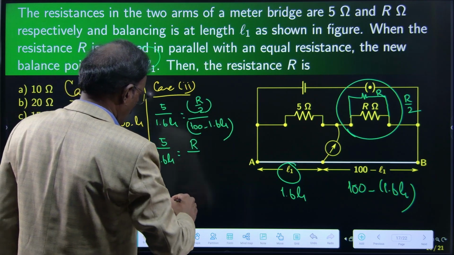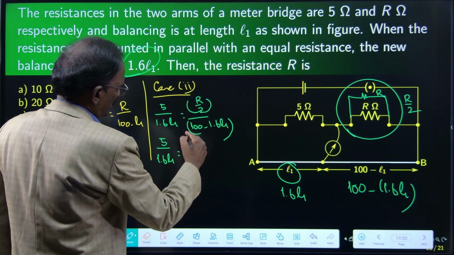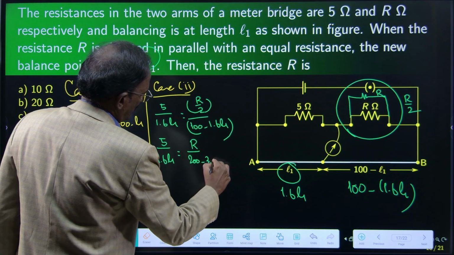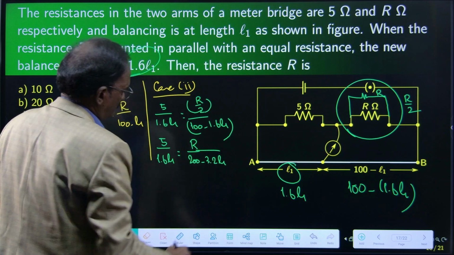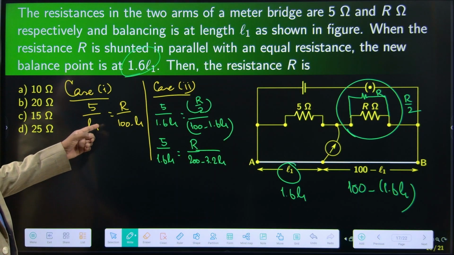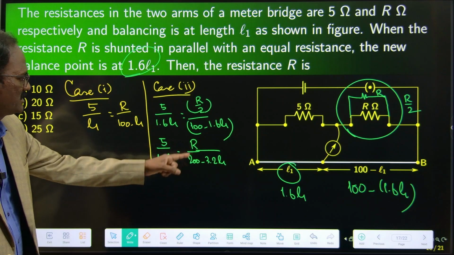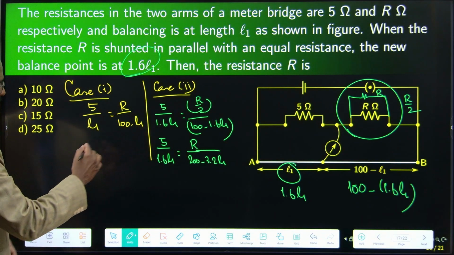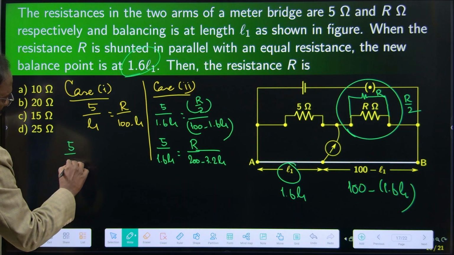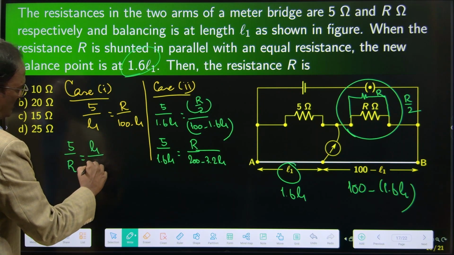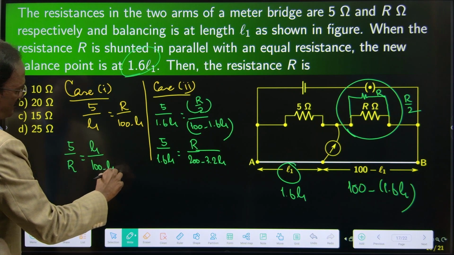This can be written as 5 divided by 1.6 L1 equals R by 2 over 100 minus 1.6 L1. Taking 2 to the denominator, 2 into 100, 200 minus 2 into 1.6, 3.2 L1. This is 5 by L1, this is R by 100 minus L1. This is 5 by 1.6 L1, this is R over 200 minus 3.2 L1. So 5 by R. If we find 5 by R, then we can equate both the equations. 5 divided by R is equal to L1 divided by 100 minus L1.